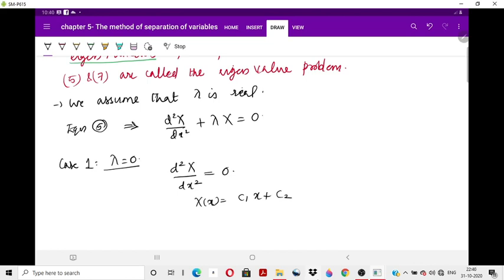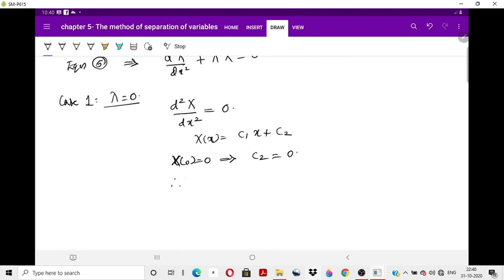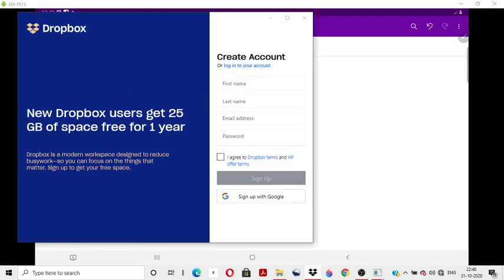Now apply the boundary conditions. X of 0 equal to 0 implies c2 equal to 0. Therefore, X of x equal to c1x. Now X of L equal to 0 implies c1 into L equal to 0.